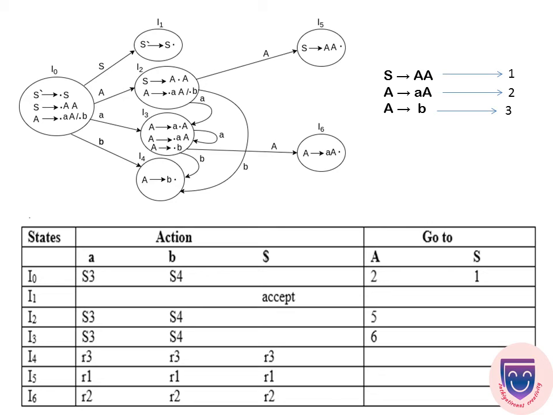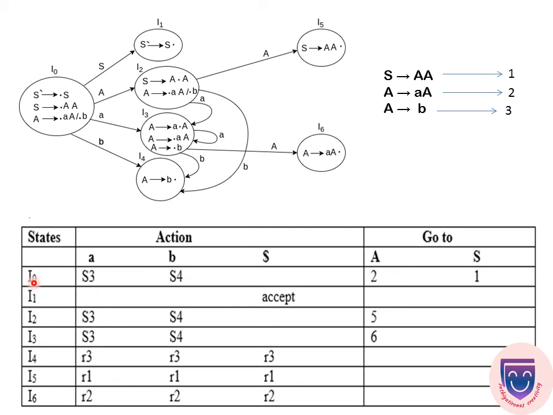Here we are having 3 columns: states, action column and goto column. The states are going to be entered here. In the action column, the terminal symbols are going to be entered. In the goto column, the non-terminal symbols or variables are going to be entered. In the I0 state, S is going to I1, so we write it as 1 here.